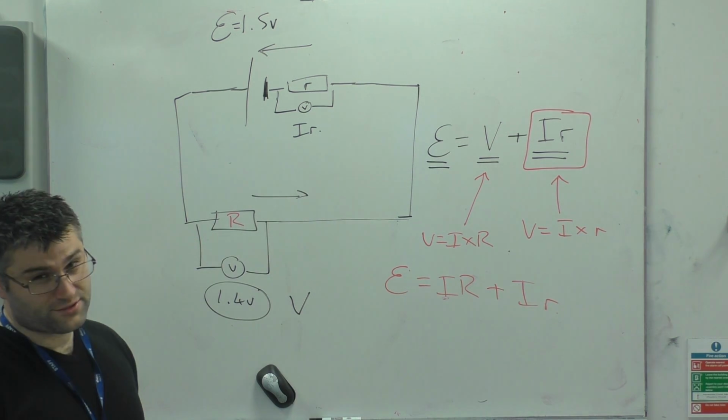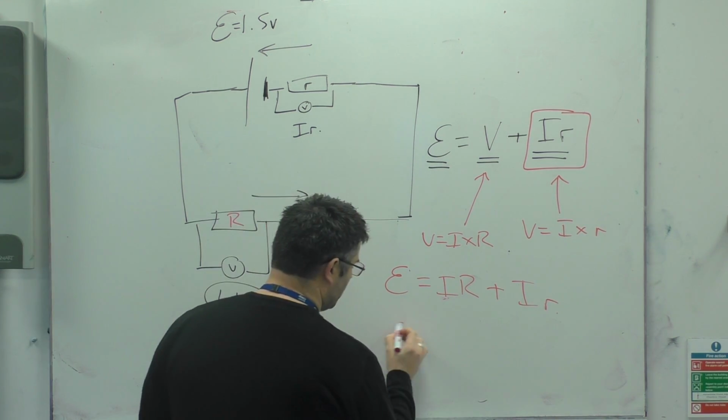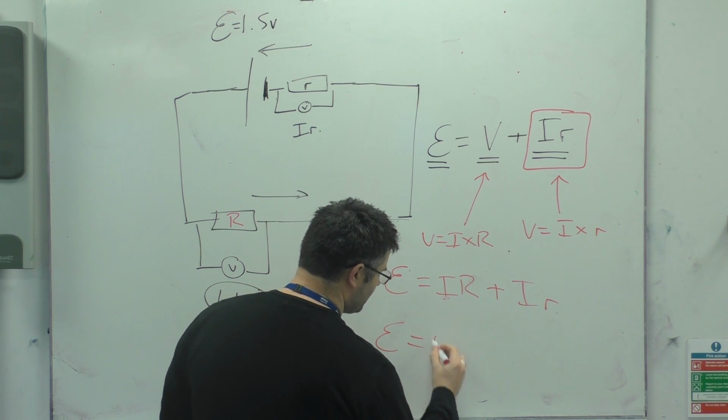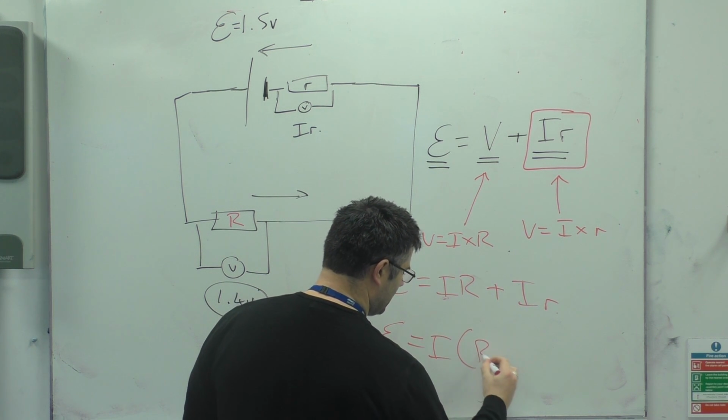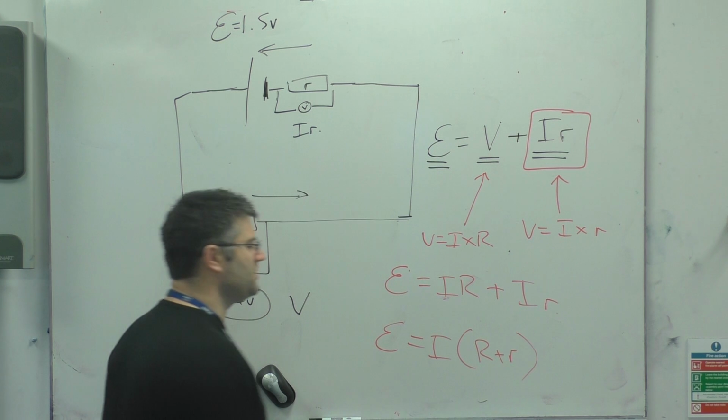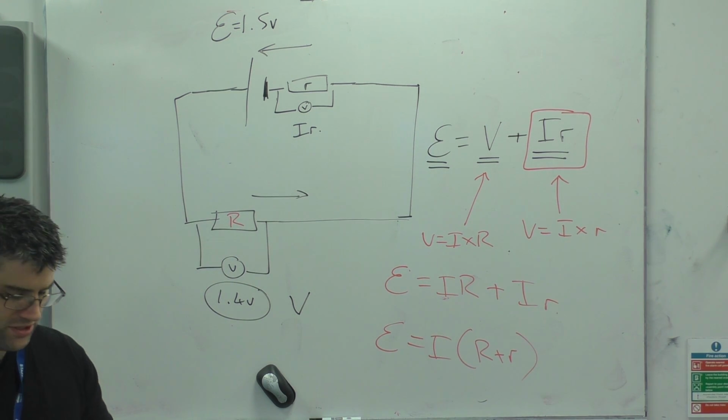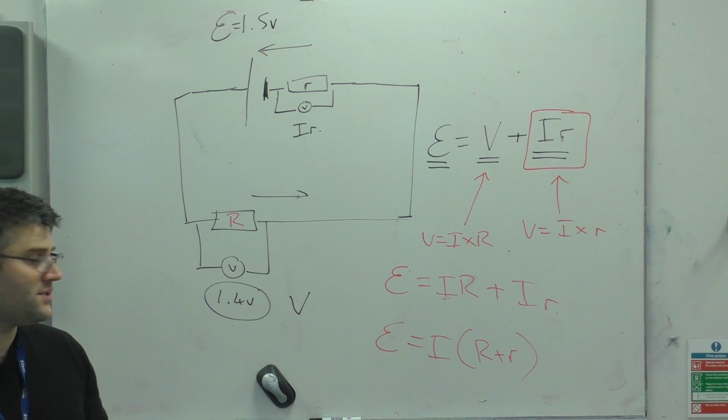And then you can factorize that, and you end up with a more simple version, which is I(R plus r), which is another of the expected equations for you to use.